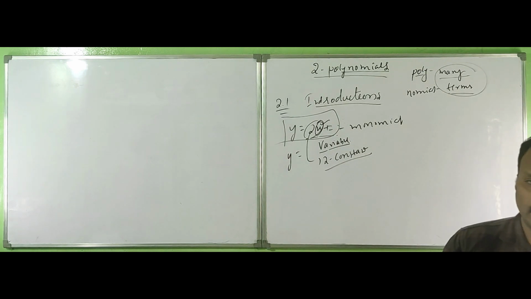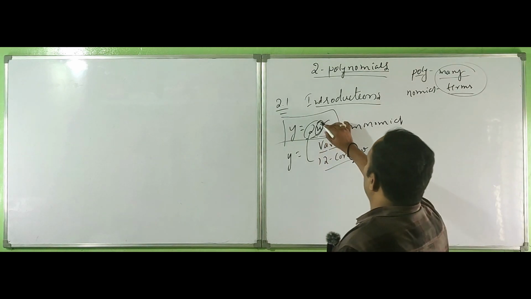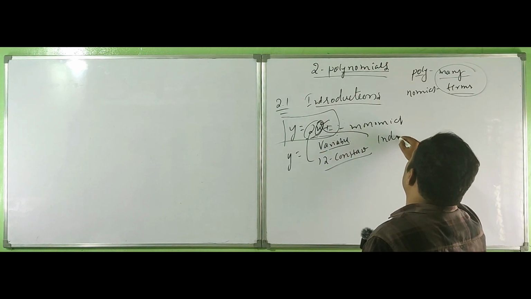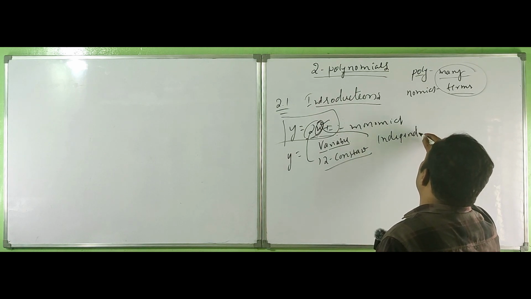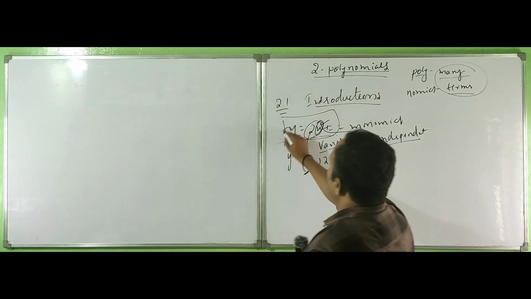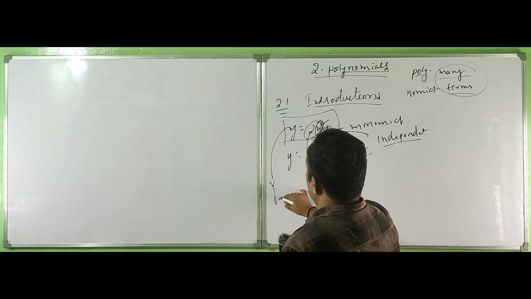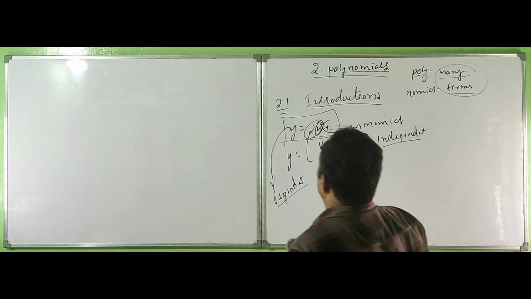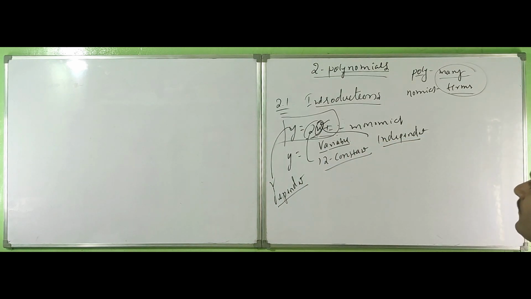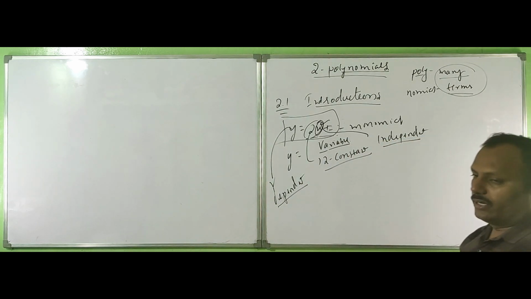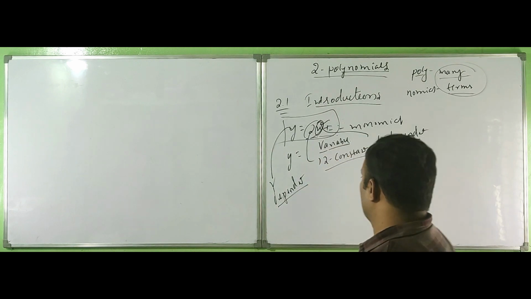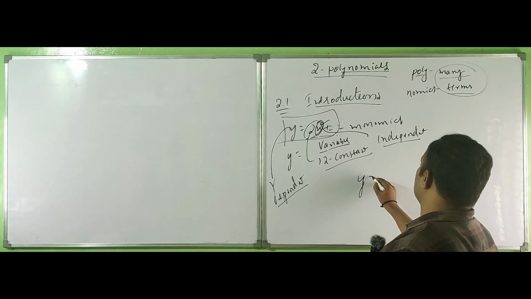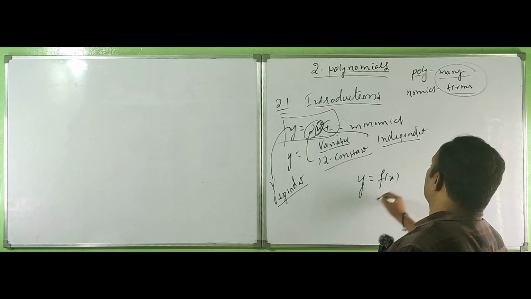The variable term is written in terms of the dependent variable. x is also called the independent variable, meaning you can take any values independently, and y is dependent, meaning it depends on the value of x. Very important in the expression. So I can say y is equal to f of x, right?